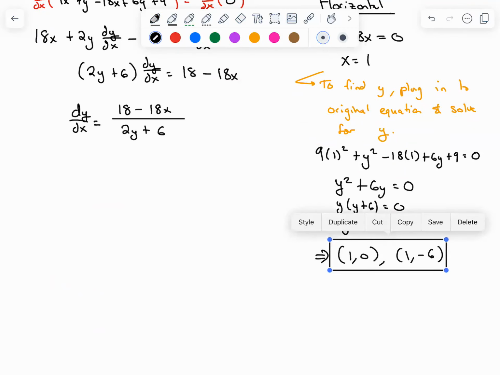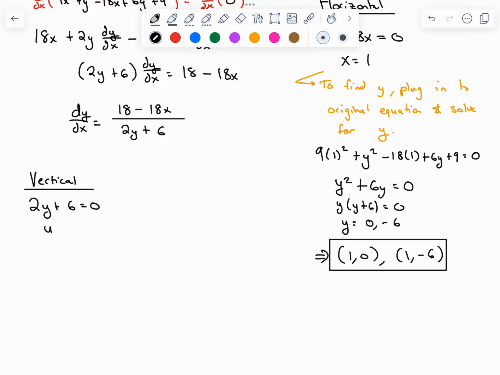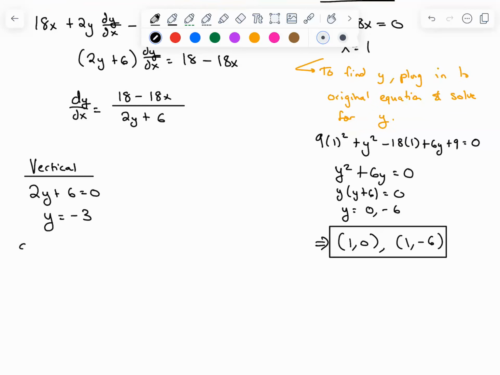And then we'll do vertical. For vertical, we set the denominator equal to 0, 2y plus 6 equals 0. That gives us y equals -3. In the same fashion, we're going to plug it into the original equation to find the corresponding x values that will satisfy our ellipse. So 9x squared plus negative 3 squared minus 18x plus 6 times negative 3 plus 9 equals 0.